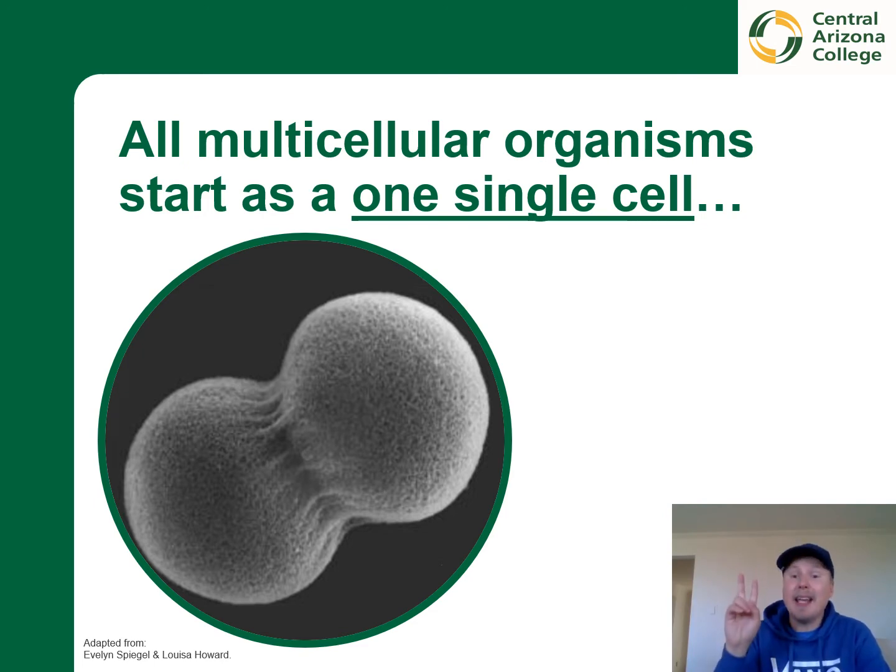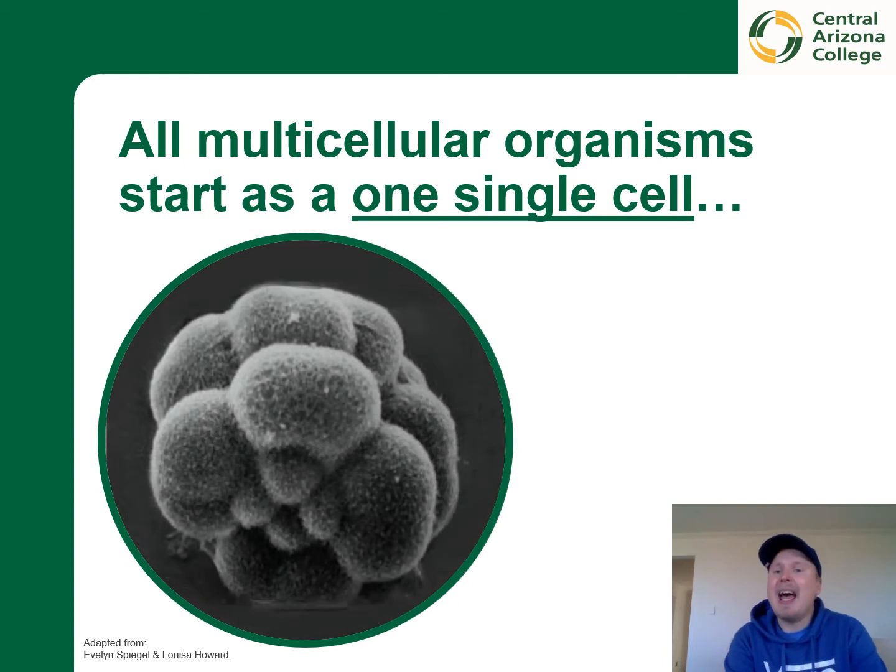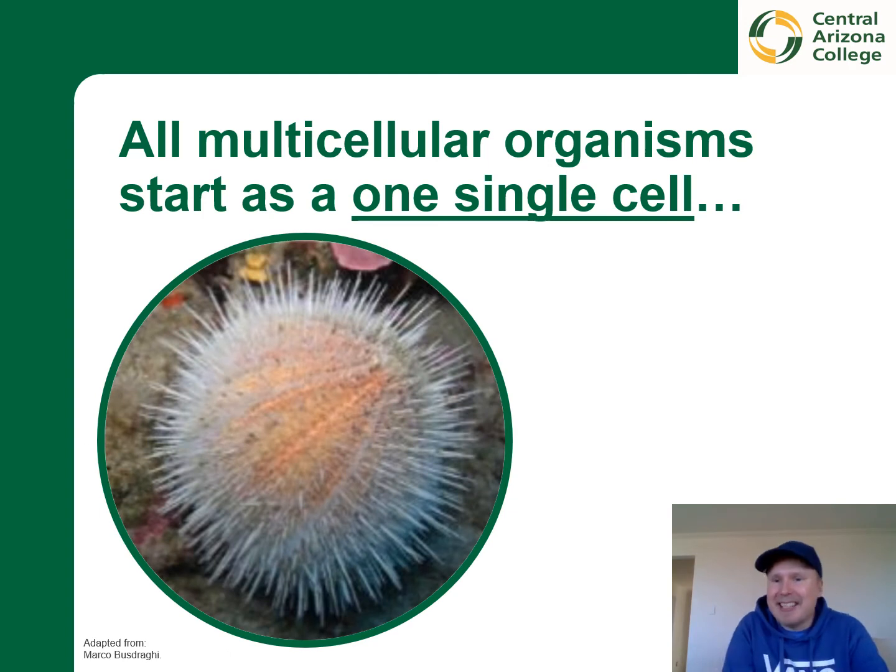This divides into two, as seen here by this scanning electron microscopy image. And after just 4 rounds of cell division, there are already 16 cells. As these rounds of cell division continue, pretty soon we end up with a mature organism.